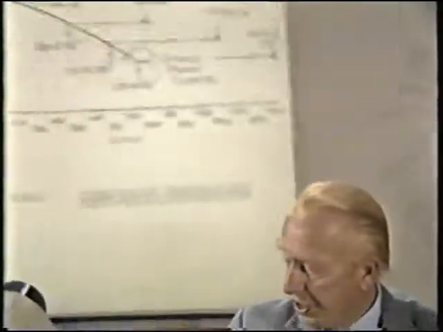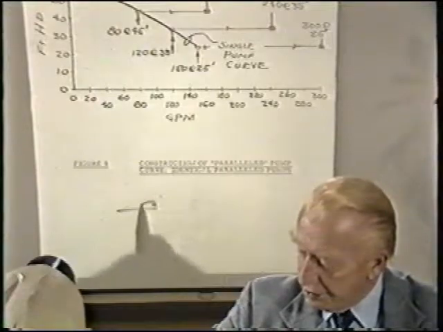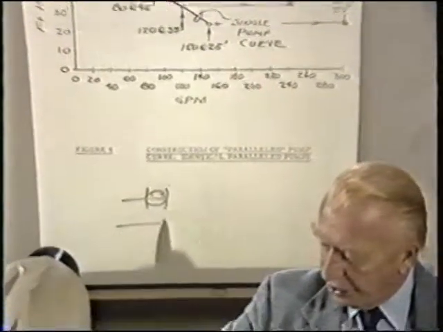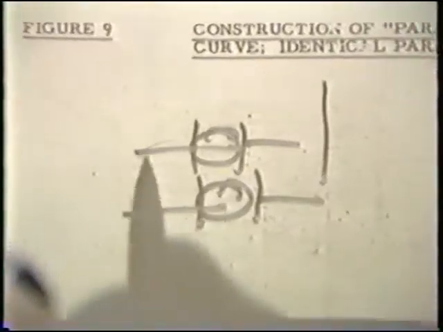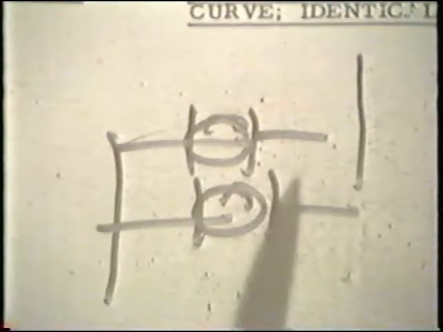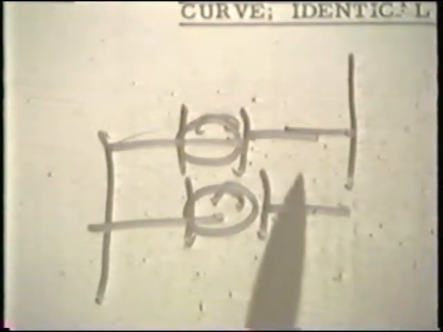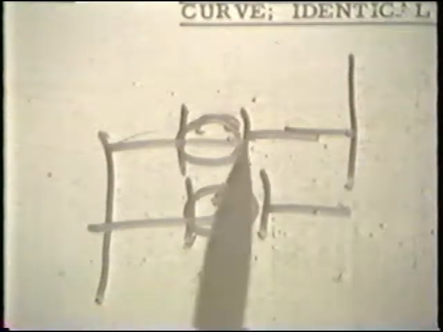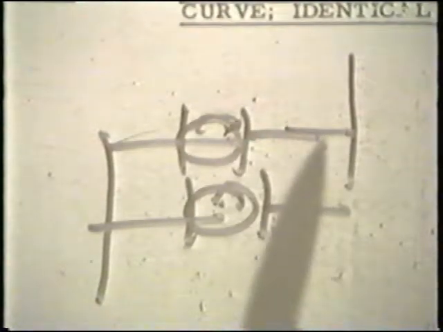Now, supposing that we have two pumps in parallel, each of the pumps being of equal size, and we want to select a pump for the parallel application, the pumps being equal in size.